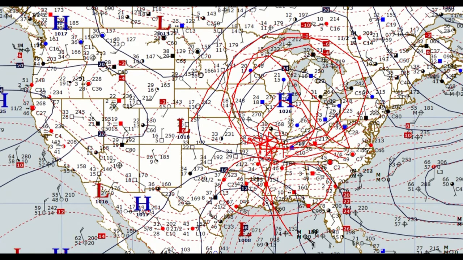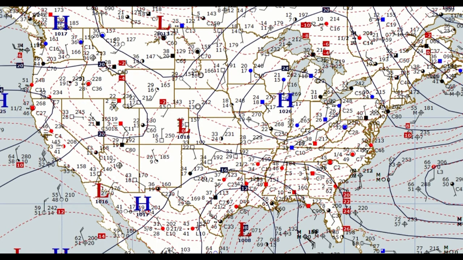That's where you get steady rain, fog, and then depending on how cold that air mass is and how high the freezing level is, any precipitation that falls out of that moisture through that air mass, if your freezing level is 600 feet or less, then you'll get snow.